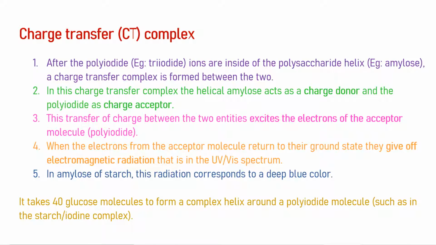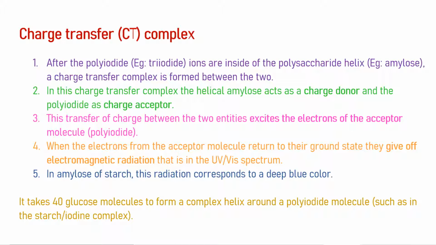After the polyiodide, such as triiodide, is inside of the polysaccharide helix, such as amylose, a charge transfer complex is formed between the two. In this charge transfer complex, the helical amylose acts as a charge donor and the polyiodide as an acceptor. This transfer of charge between the two entities excites the electrons of the acceptor molecules, in this case the polyiodide.